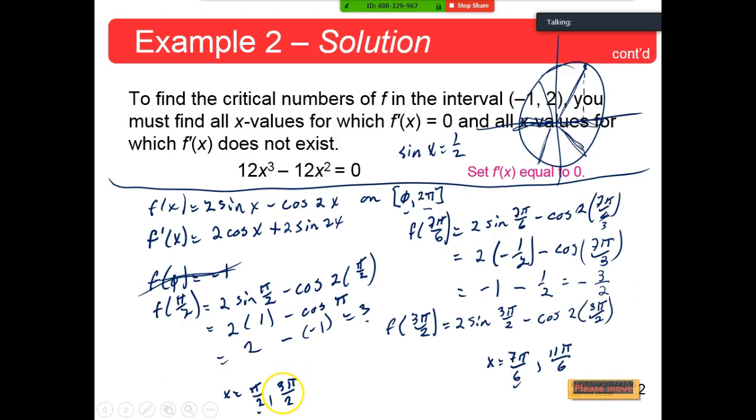Okay? I'm running out of room, but let's see if we can do it. This is 2 times, what's the sine of 3 halves pi? -1. Okay? Minus the cosine of 2 times 3 halves pi.